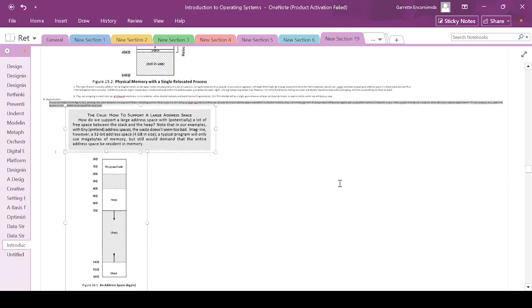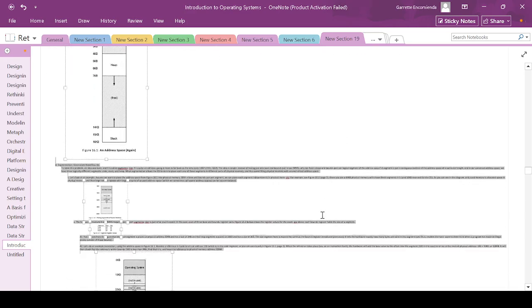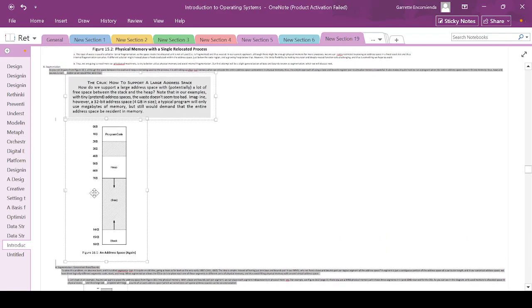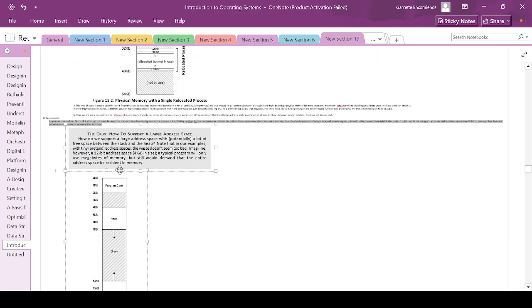As we can see in figure 16.1, it's still taking up space even though it's not being used by the heap and the stack of the process. It's still taking up physical memory when we relocate the entire address space in physical memory using dynamic relocation.